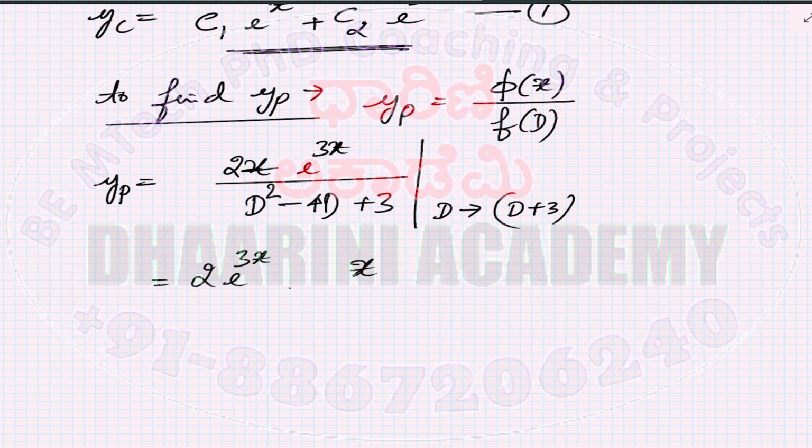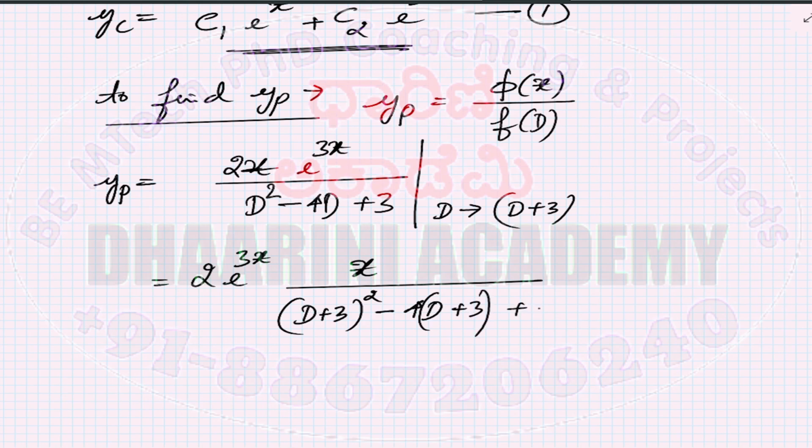This is simply x divided by (D plus 3) the whole square minus 4 into (D plus 3).